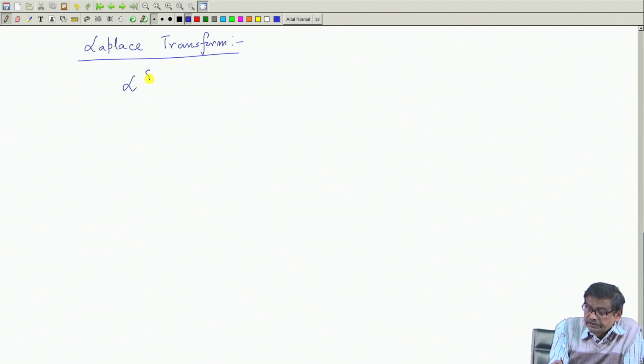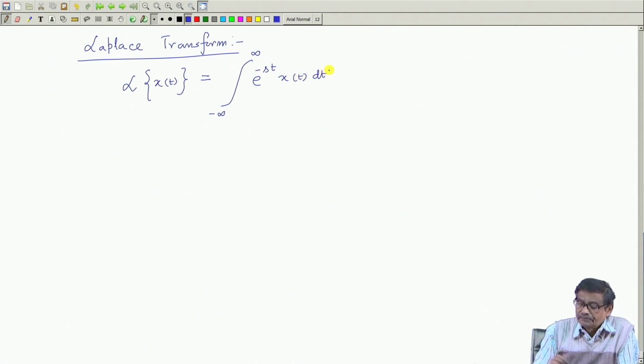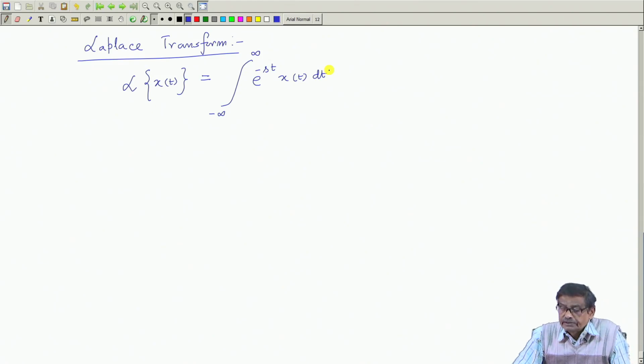Now, how it is written, if you have a time varying function x t, the Laplace transform of x t is defined as minus infinity to infinity, this integral e to the power minus s t into x t into d t, that is all. And this is called double sided Laplace transform.